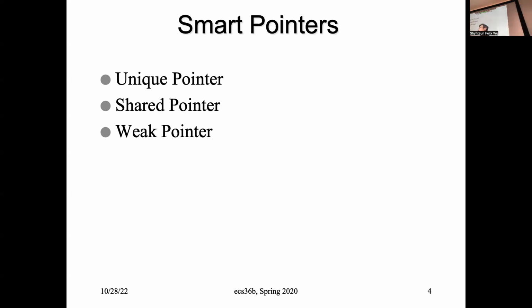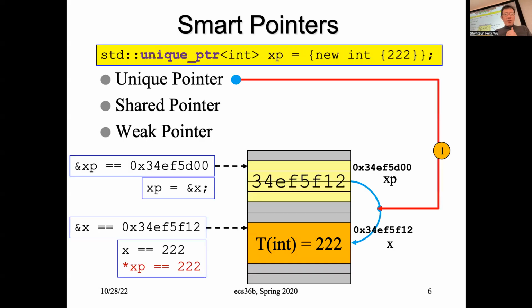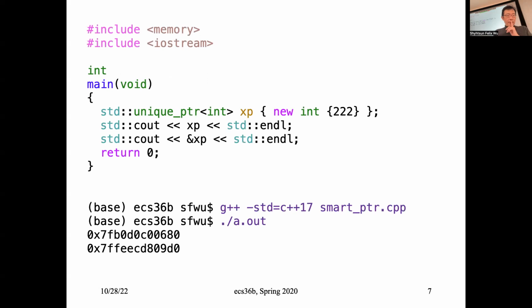But you could have 2 other weak pointers also pointing to the same resource, and if it's gone, that's your business, it's not mine. That's called a weak pointer. So C++ has this concept. I'm going to show you very quickly what it is. Let me look at the example.